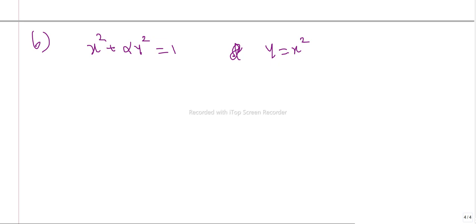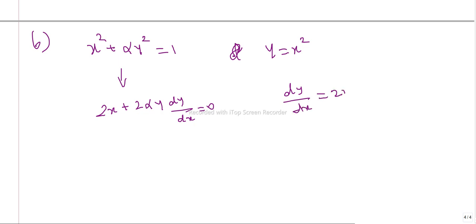For what values of alpha do these two families of curves intersect orthogonally, that is, are orthogonal trajectories? You have to differentiate these with respect to x. You get 2x plus 2 alpha y dy by dx equal to 0, and for the other, dy by dx equal to 2x.